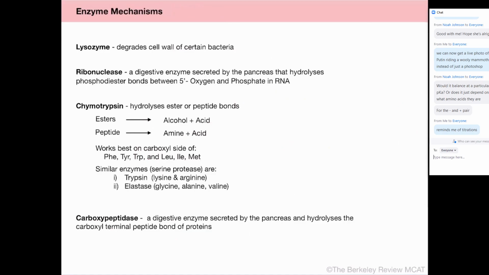Okay. All right, I think we were here, enzyme mechanisms. For anybody who's taken biochemistry classes, they usually go over just one or maybe all four of these classic enzyme mechanisms.